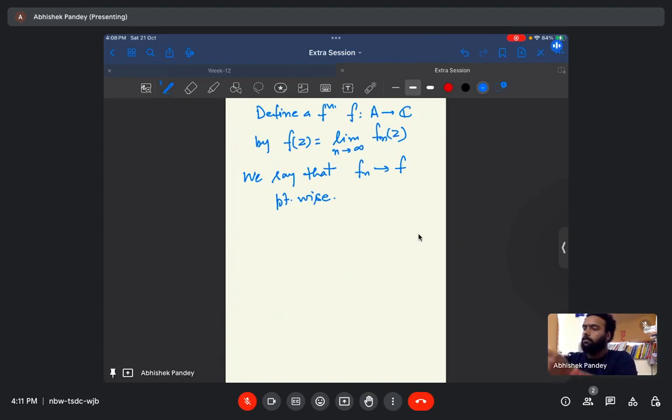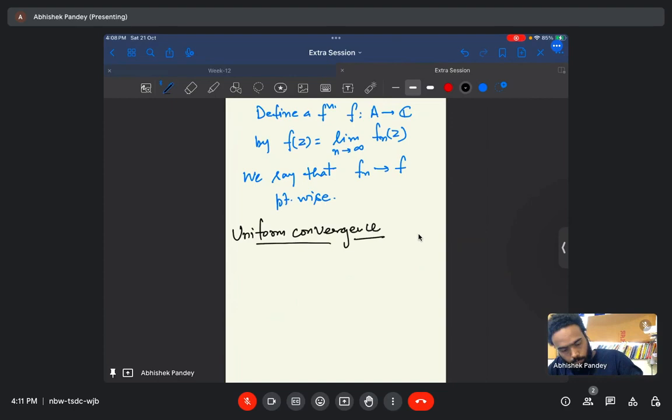Now let's talk about uniform convergence. So let again fn from A to C be a sequence of functions.